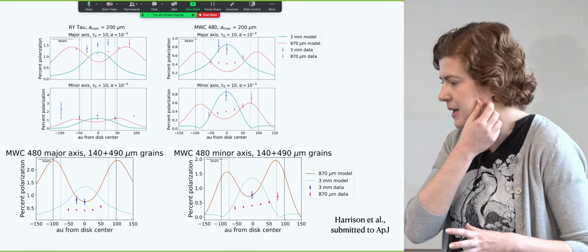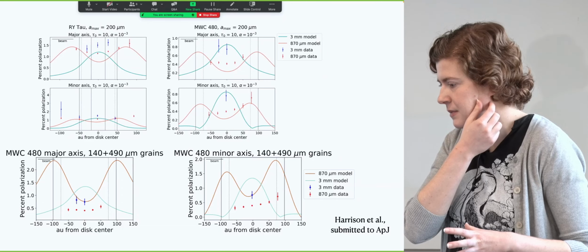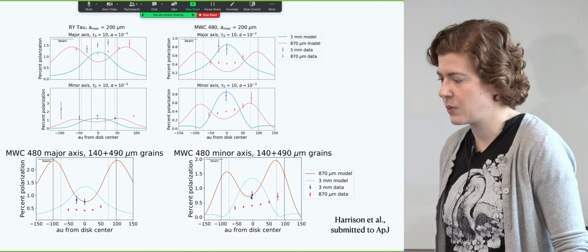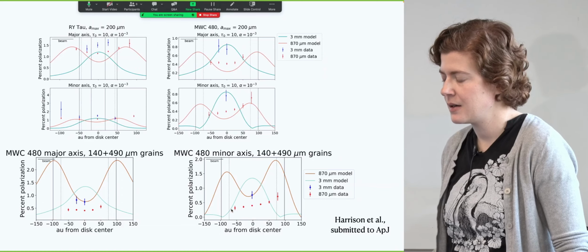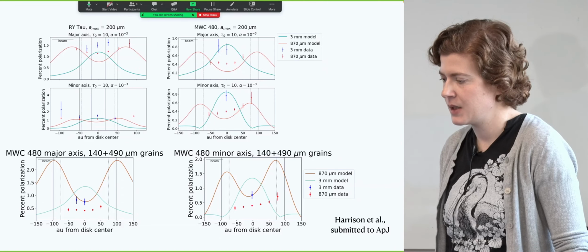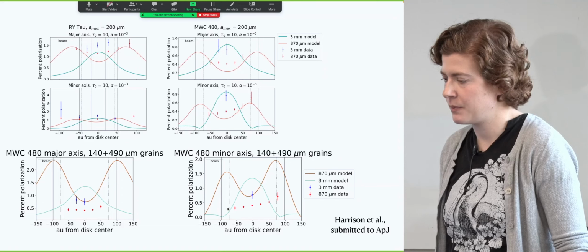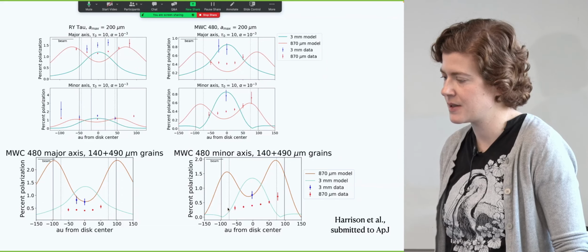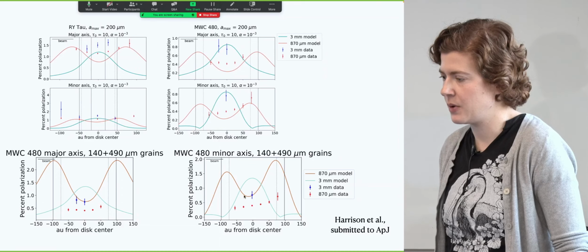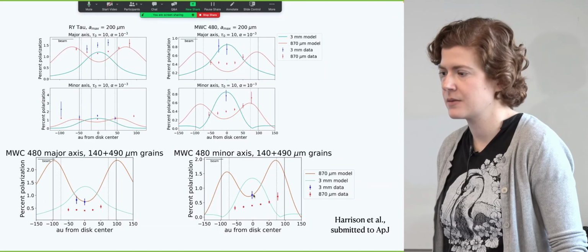So beam smoothing and the low signal to noise might be affecting what we're seeing in MWC 480. So I think that getting higher resolution observations would help us to see if we are seeing this dip in polarization at the center of the disk.